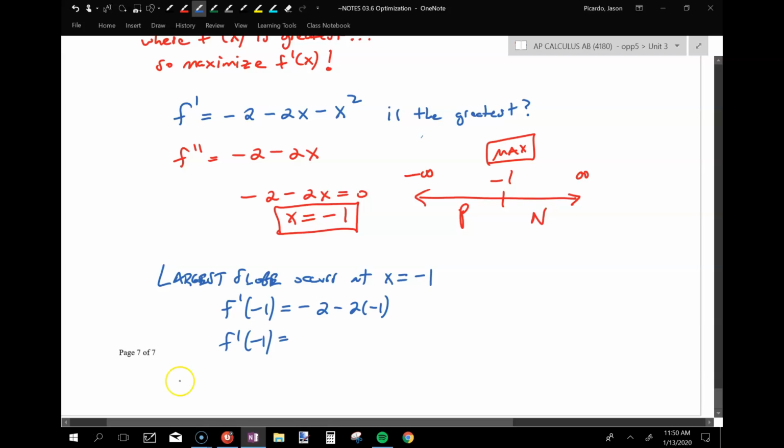Oh, geez, hang on. I plugged it in the wrong spot. Got to plug in the derivative. Careful right here, guys, right? That's -2 plus 2. Is it +1? It should be -1, right?